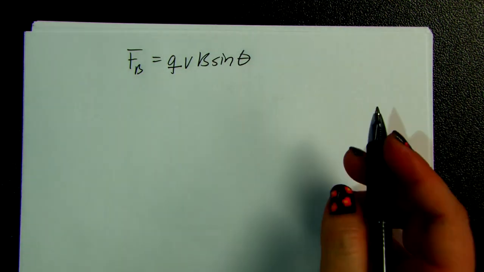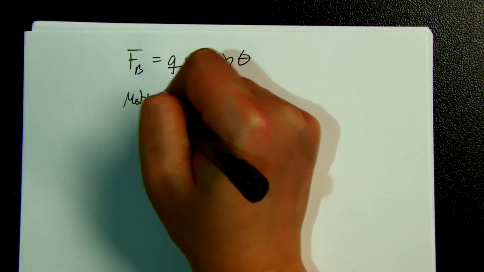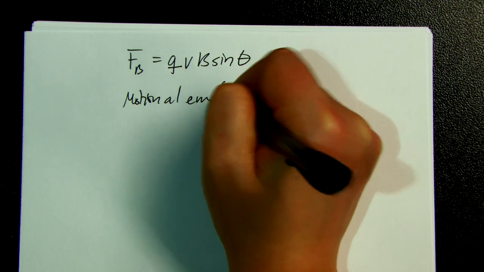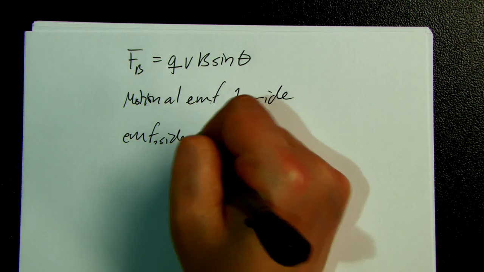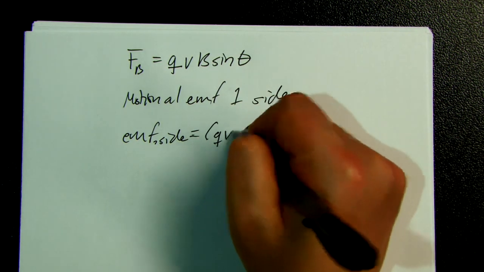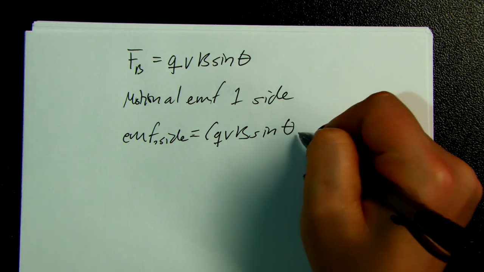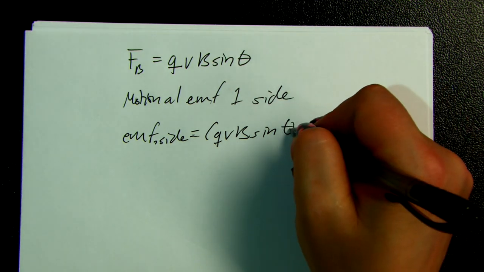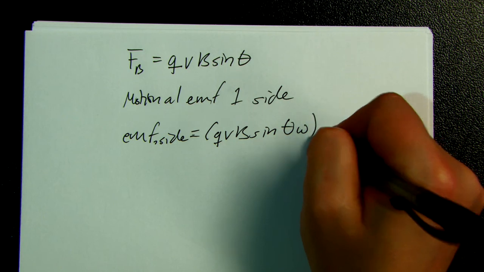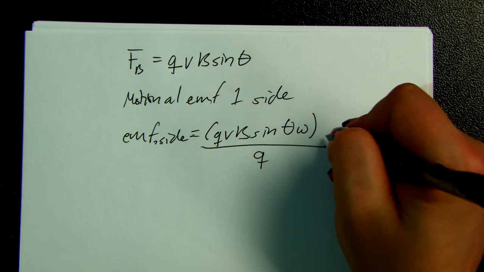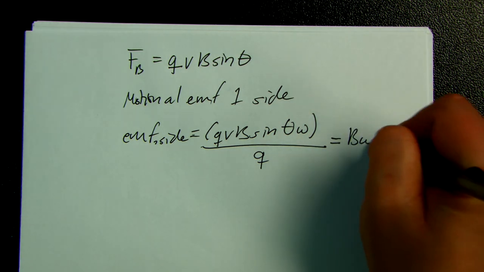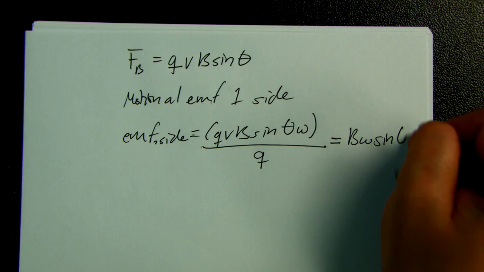And the motional EMF of one side of the wire, EMF side, is equal to QVB sine theta over Q, which is equal to B omega sine theta.